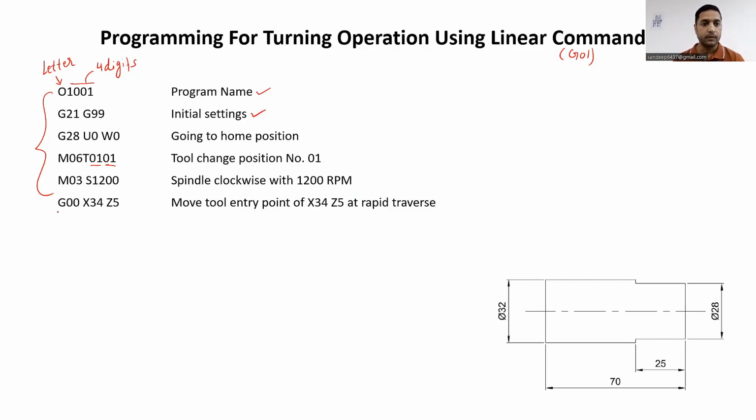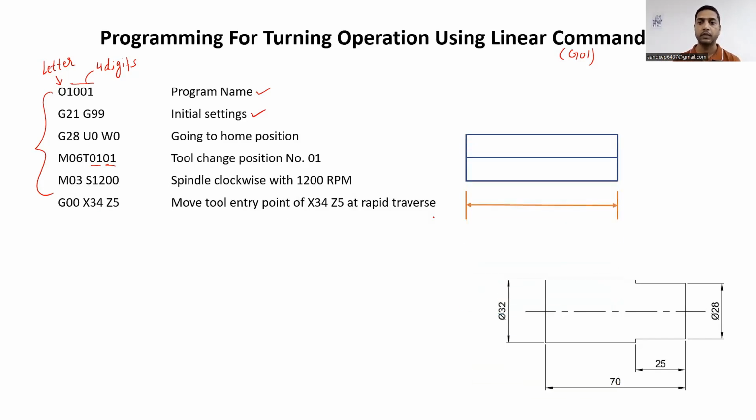After that, we have G00 X34 Z5. It means we are moving the cutting tool, or this is the entry point X34 Z5, at rapid traverse. It means now we are moving the cutting tool from the home position to this particular position X34 Z5. Let me explain this with the help of a figure.